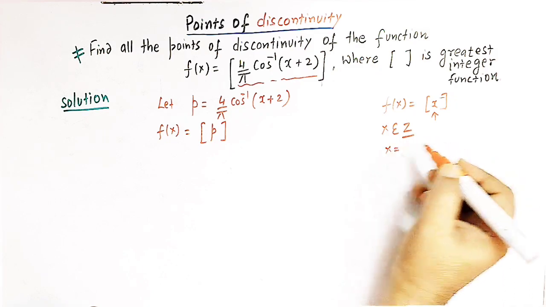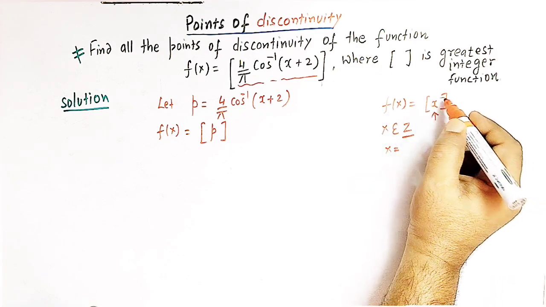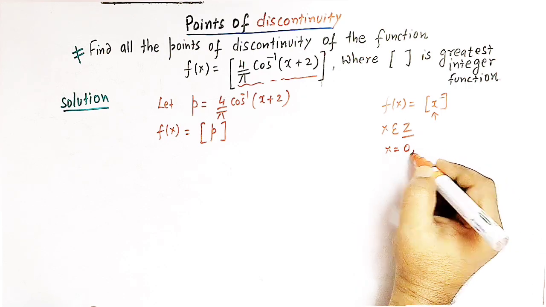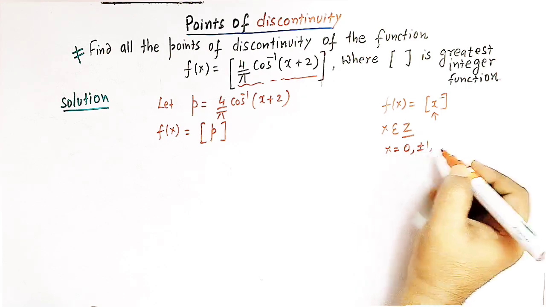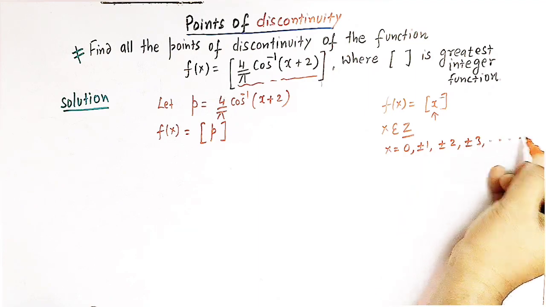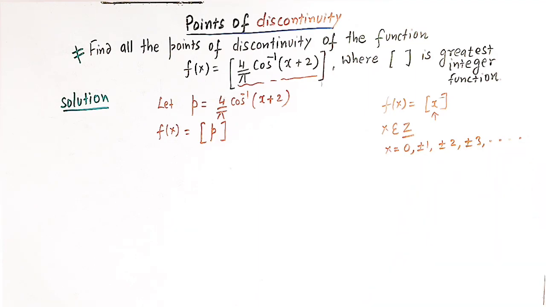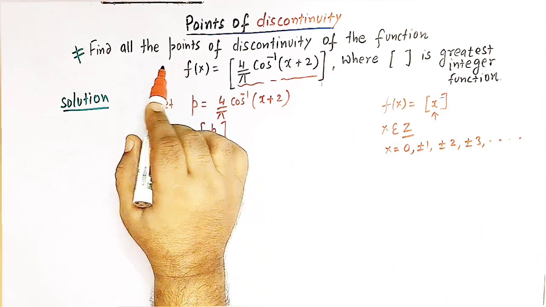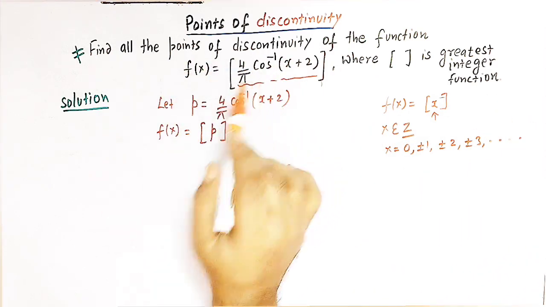So it implies that the greatest integer function is discontinuous at 0, plus minus 1, plus minus 2, plus minus 3, and so on, right? So we'll use this concept to find all the points of discontinuity of this function.